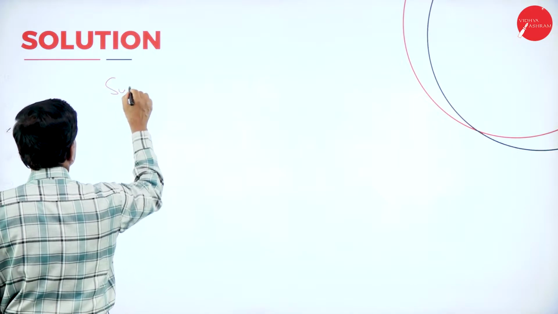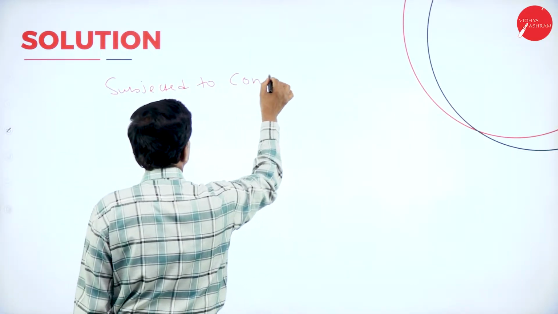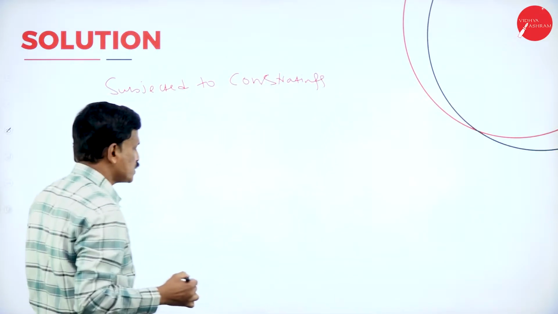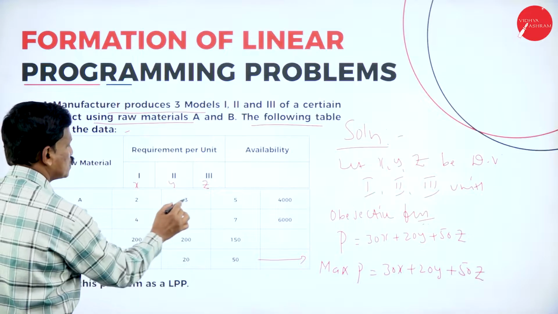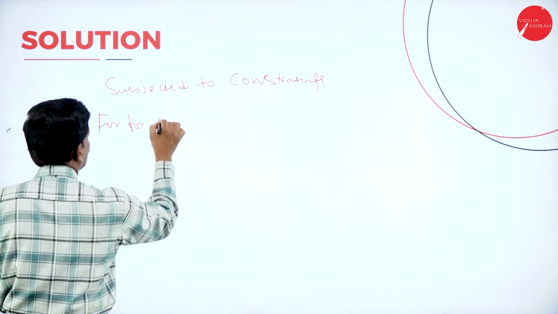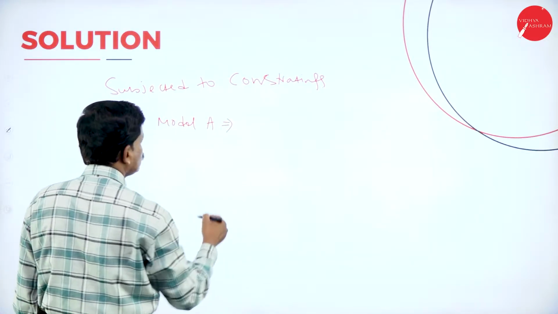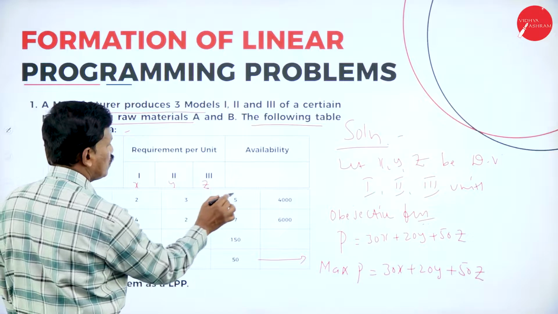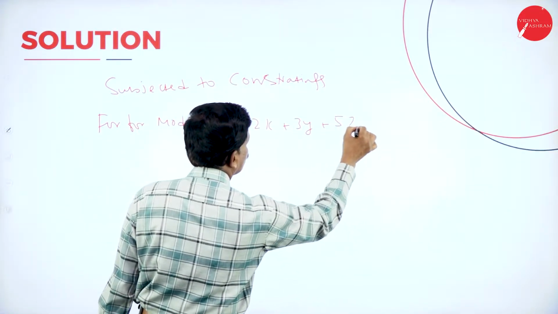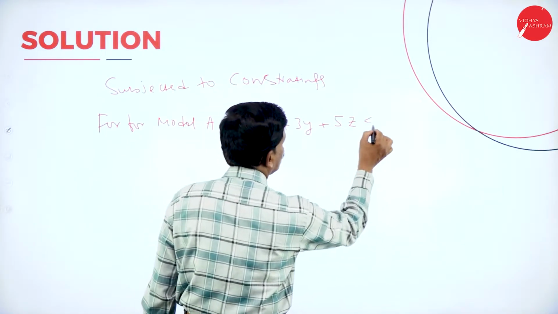Subjected to constraints. First one is 2x plus 3y plus 5z for the model A, that is 2x plus 3y plus 5z, which is less than or equal to 4,000.